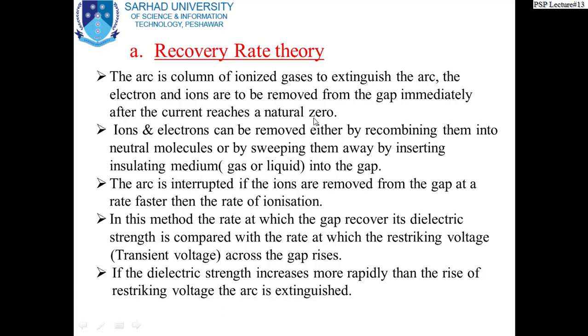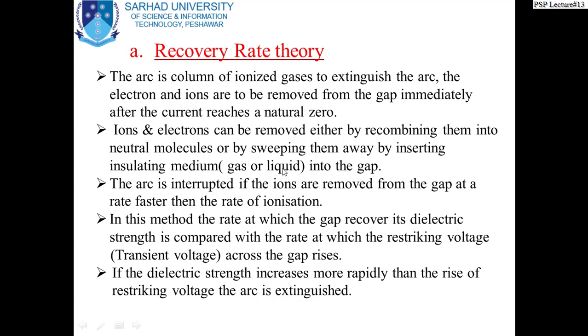If these ions or free electrons are there, the current will continue to flow. So artificial means are utilized to deionize the space between these two contacts. Now, ions and electrons can be removed either by recombining them into neutral molecules, or by sweeping them away by inserting insulating medium, gas or liquid, into the gap.